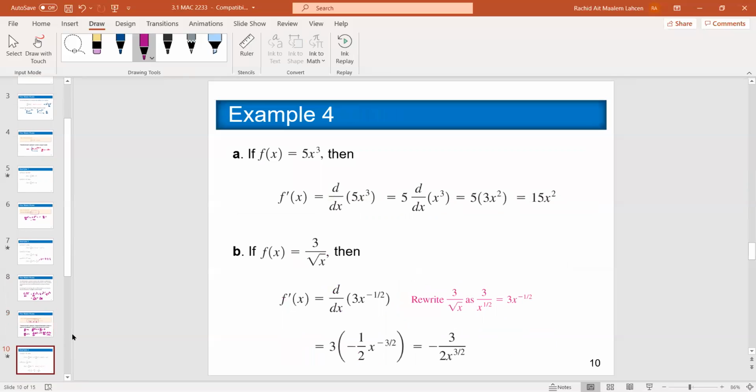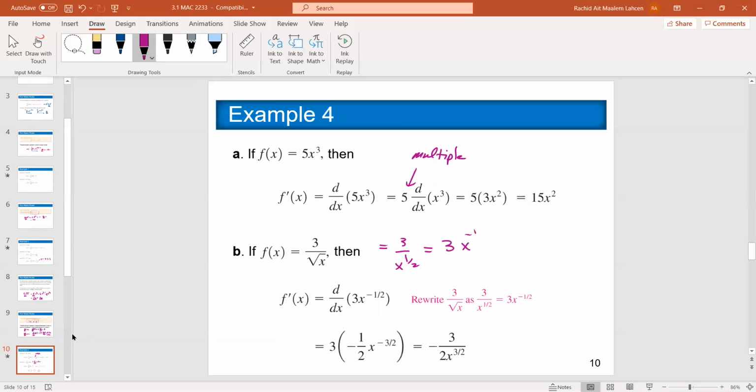And here are some examples. So the 5 is a multiple. It's set to the side until you do the derivative using the power rule, and you get 15x squared. If you have a square root, it becomes 1/2, right?